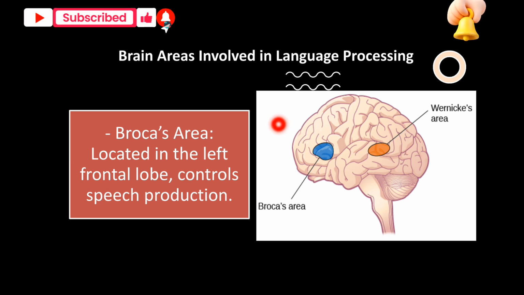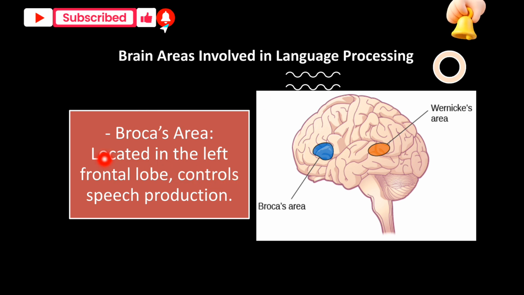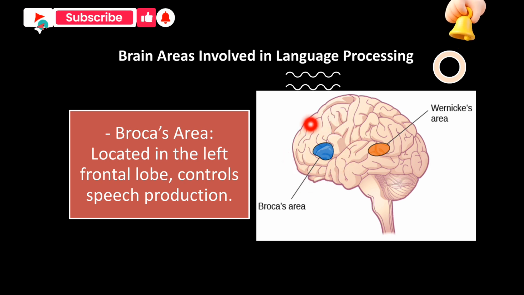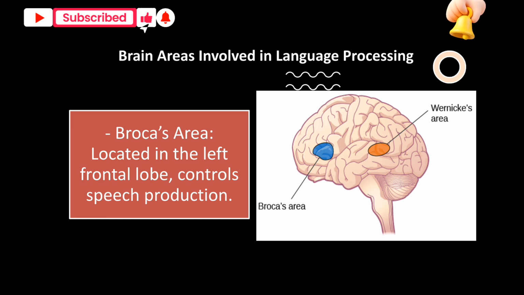The first one, brain areas involved in language processing. So what are the areas? The first area which is involved in language processing is known as Broca's area. So this is Broca's area, which is responsible for speech production. If you are unable to produce correct sentences, right, you have some disability.